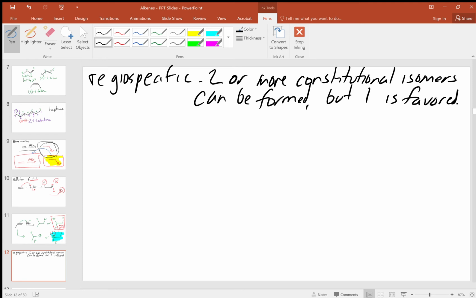And again, we can see why based on the mechanism. We can also define what is known as Markovnikov's rule. So Markovnikov's rule is something that applies to alkene addition reactions and says the following.